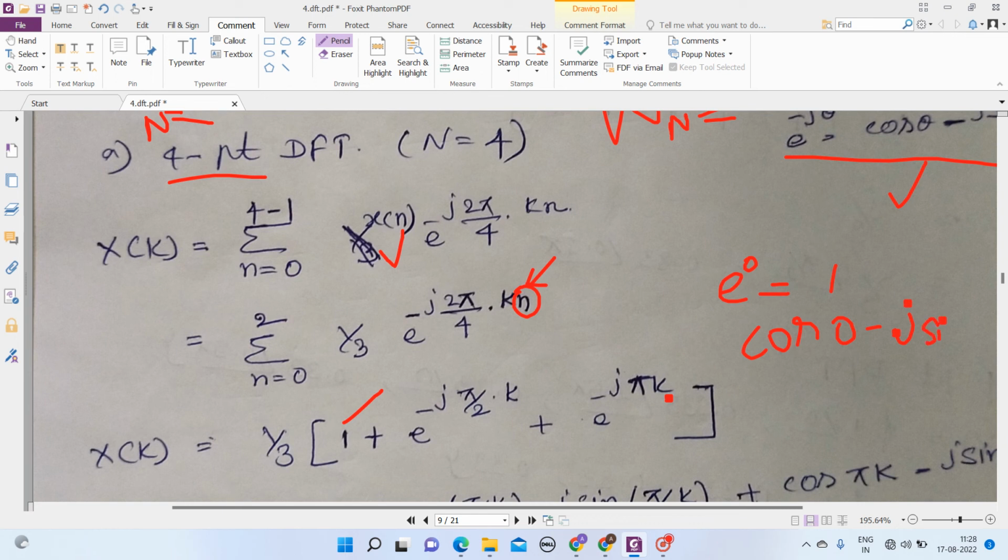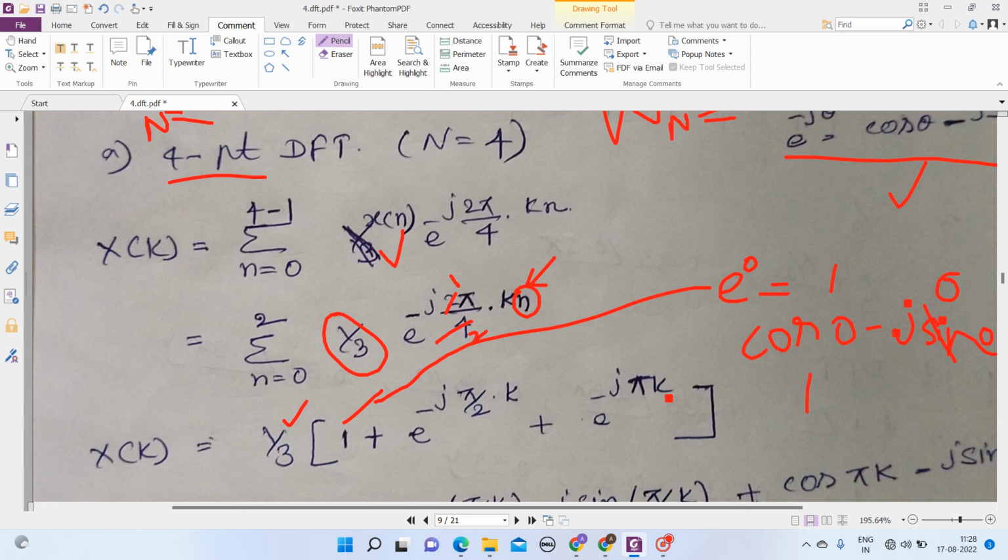We know very well that cos 0 is 1 and sin 0 is 0. So that's why I have written e to the power of 0 as 1. Next, we substitute the value of 1. Here I have taken the common value 1 by 3 outside. Then e to the power of 0 is 1. Now e to the power of minus j, 2 ones are 2, 2 twos are 4.